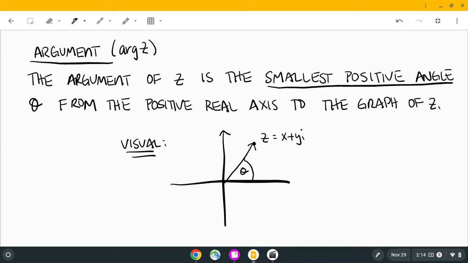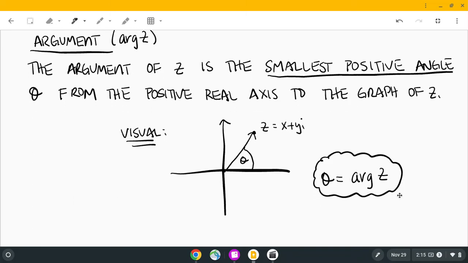Okay? So theta here is your arg z. So it's basically the angle of that complex number, kind of like when we were doing the angle of vectors. Okay.